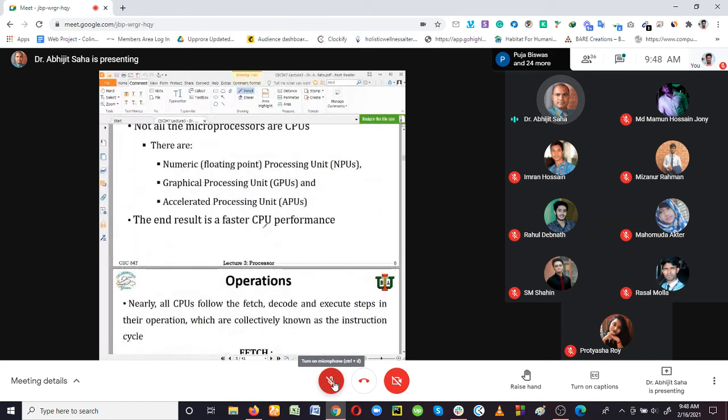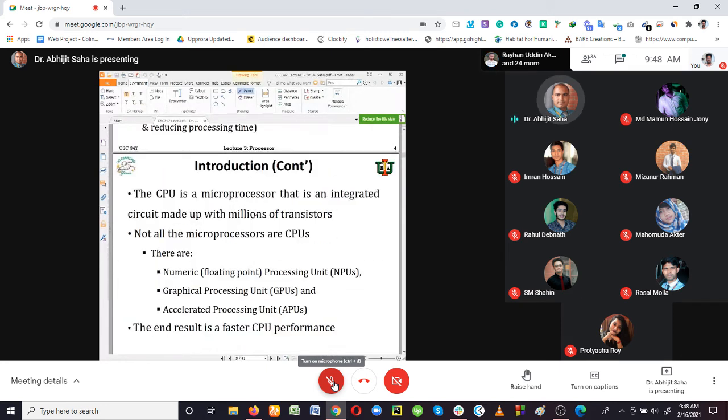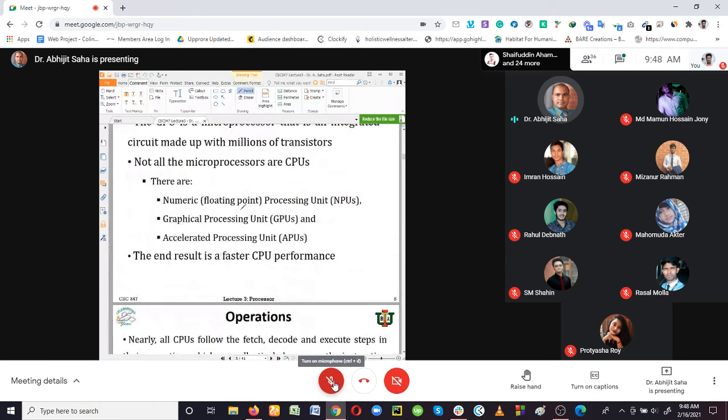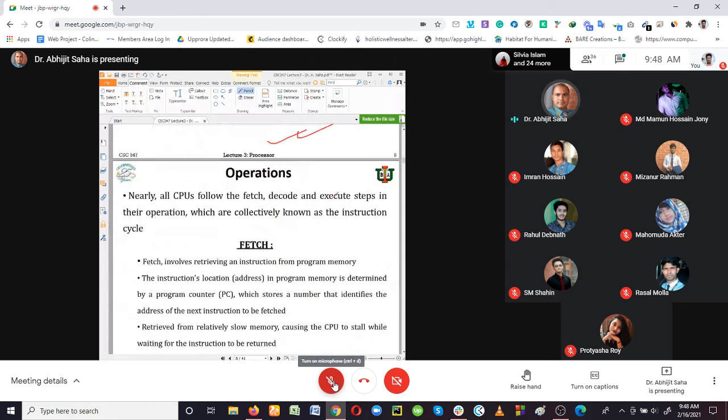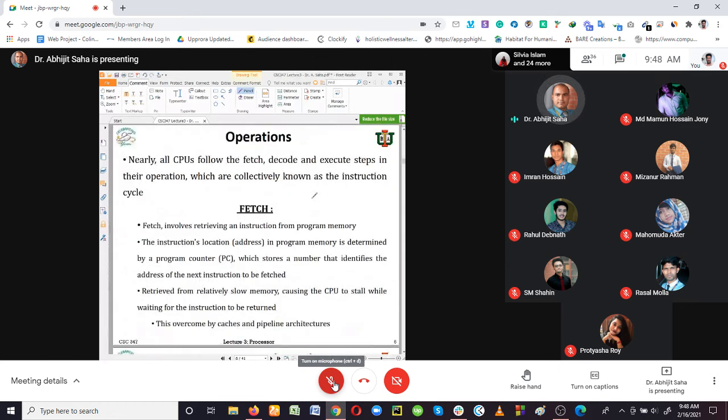Last day we discussed some basic things about processors, some history of processors, and some of the components that are available inside the processor. Now today we are going to discuss the CPU operation.